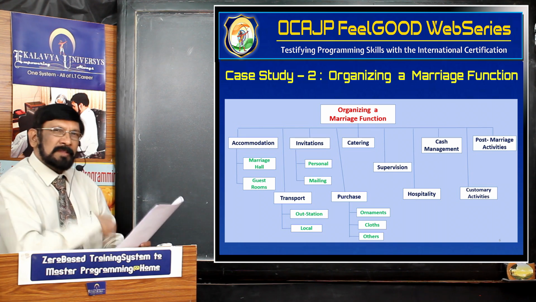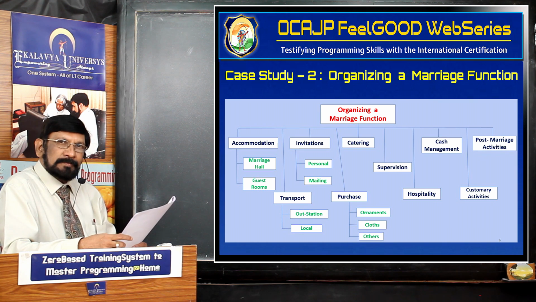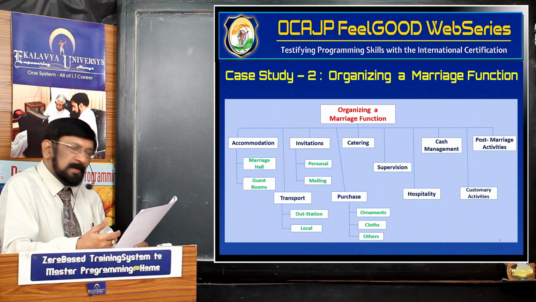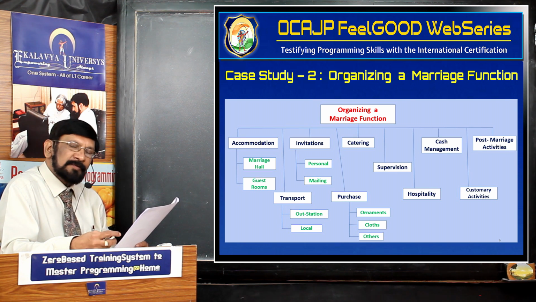Close people you have to go and invite personally, and other people you can simply mail or call over the phone. Second, transport: outstation transport, local transport, etc. Thereafter, purchases of different types: ornaments, cloth and other material, etc. And catering they will take care of.